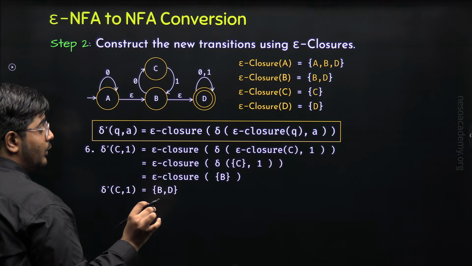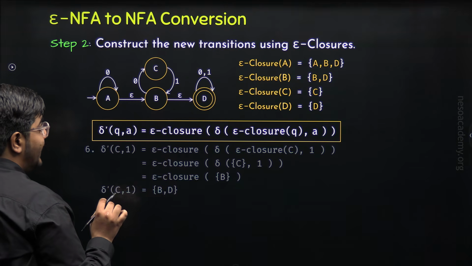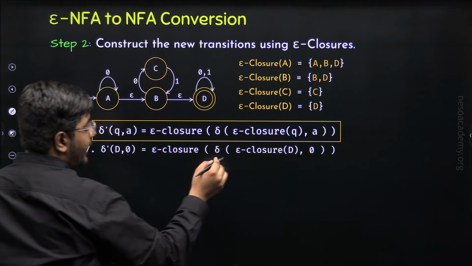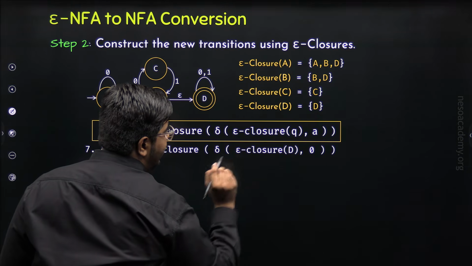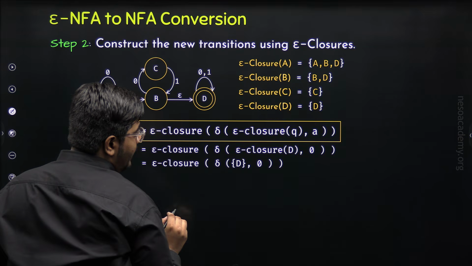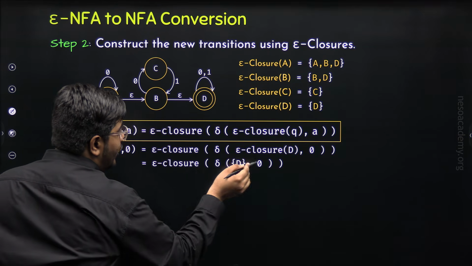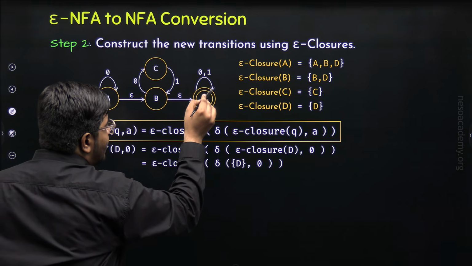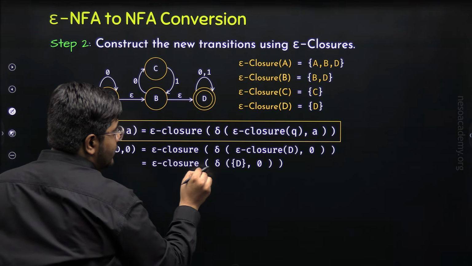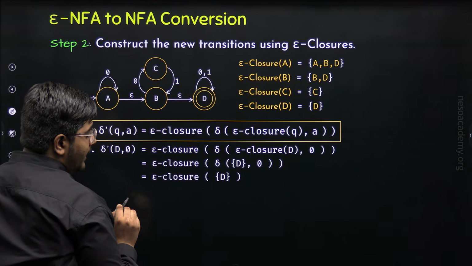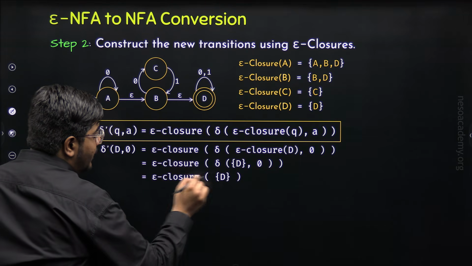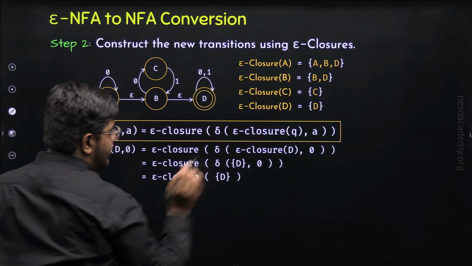Now let's calculate delta dash D comma 0. Here epsilon closure of D will be replaced by D and delta D comma 0. So delta D comma 0 is D itself. So this will be replaced by D, and epsilon closure of D is D itself.